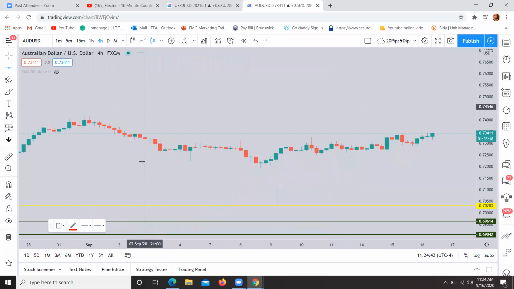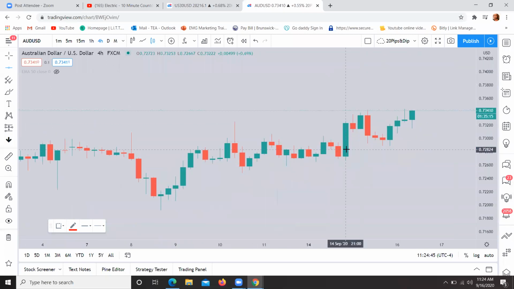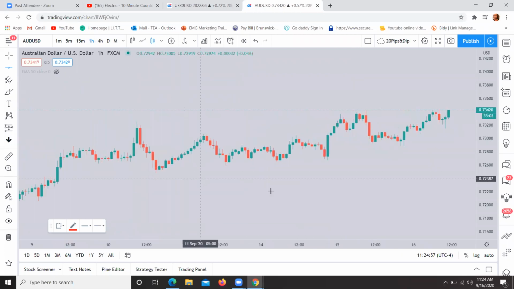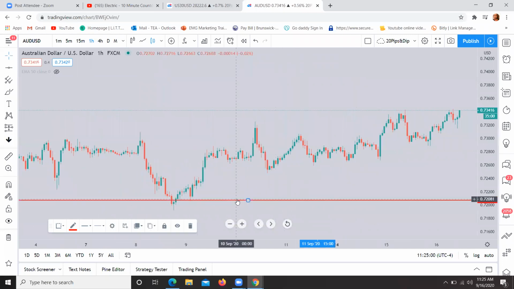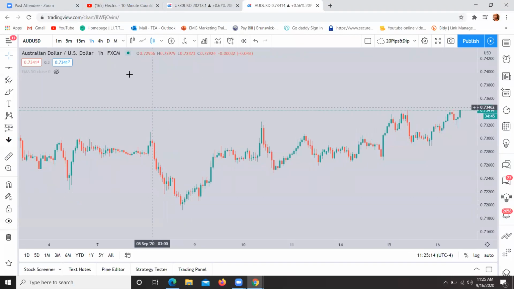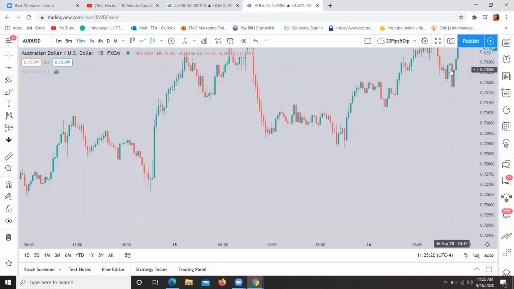On the 4-hour, these are 4-hour candles, so look at the time: from 1 to 5, from 5 to 9. 1 hour is the time frame I like to teach the most on. Why? Because there are 24 hours in a day, and as a newbie, you will understand 24 candles. Just like I go down to 15 minutes, these candles represent 15 minutes. Look at the time at the bottom.